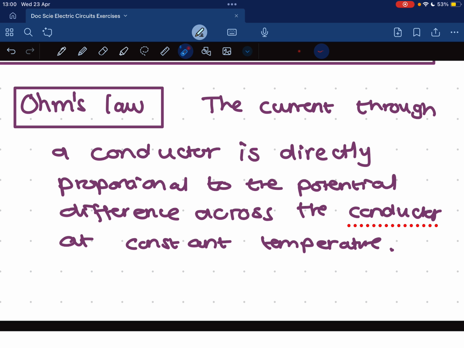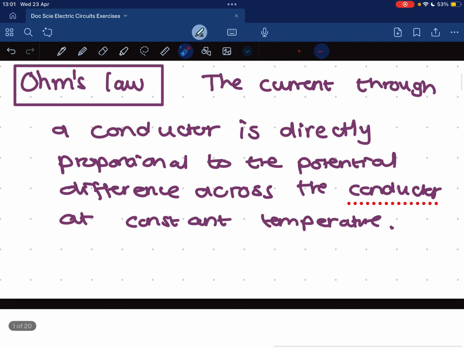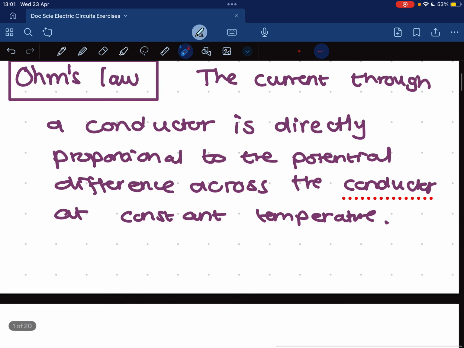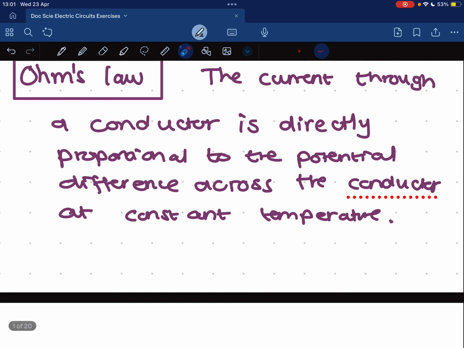Because you don't change the potential difference in a circuit, in the sense that if you have a battery, it's going to have a maximum potential difference. There's nothing that you can do to that battery to increase the potential difference unless you add another battery. So the flow of charge must be related to how much energy we have to move that charge. The more energy, the faster the charge is going to move. If we have less energy, then the charge is going to move slower.